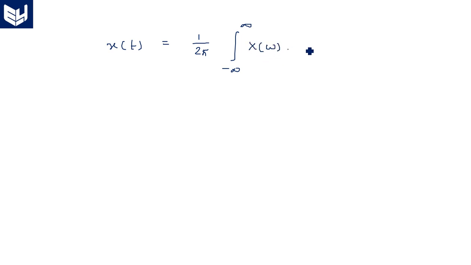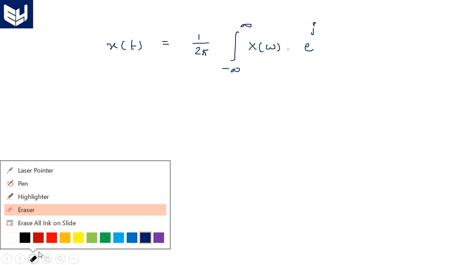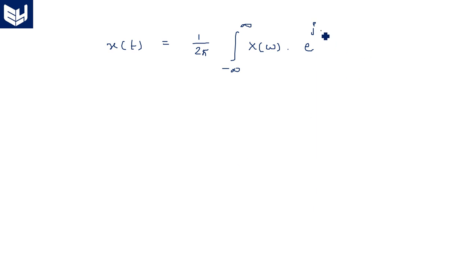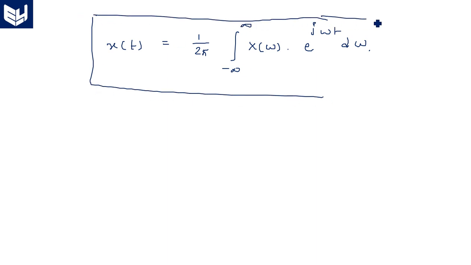X of omega e power j omega t d omega. This is the inverse Fourier transform of the signal X of omega.